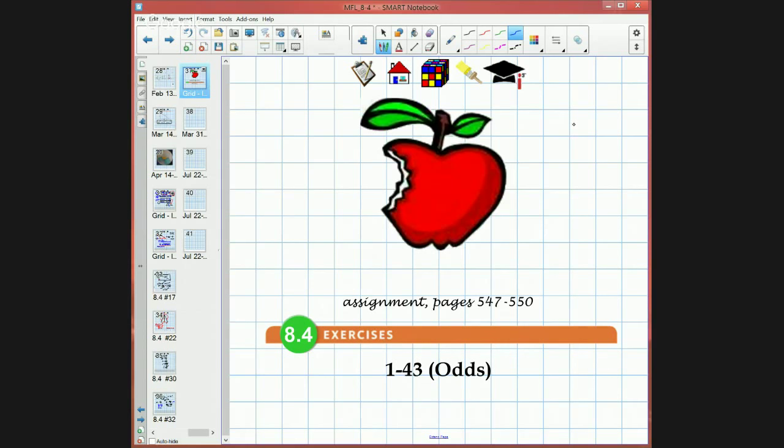Now I'm going to tell you right now, don't get too hung up on number 43. It's kind of a beast. Try working on it, but I'll work on it in class, okay? 43, and there's another one that's really a stinker. I don't know if it's on your list of every other odd or not, but let me find it.